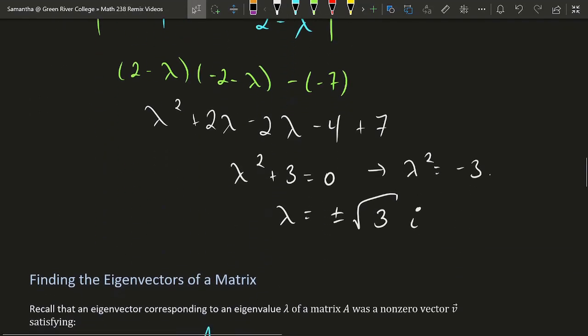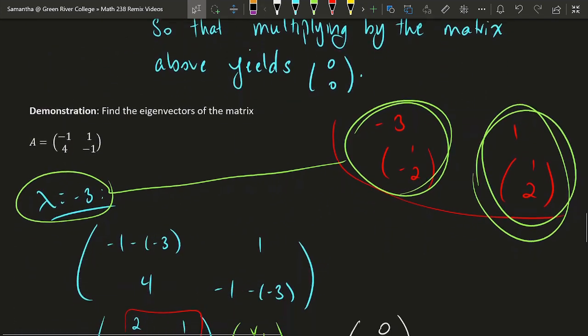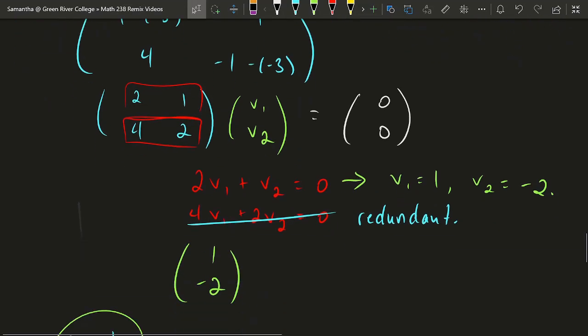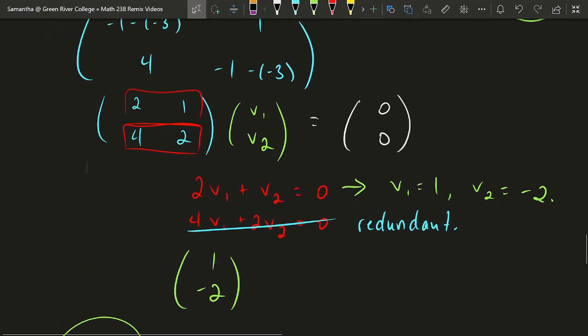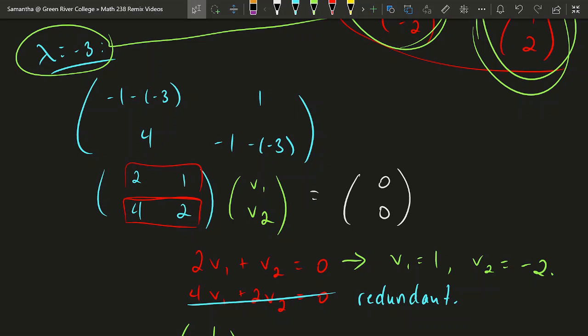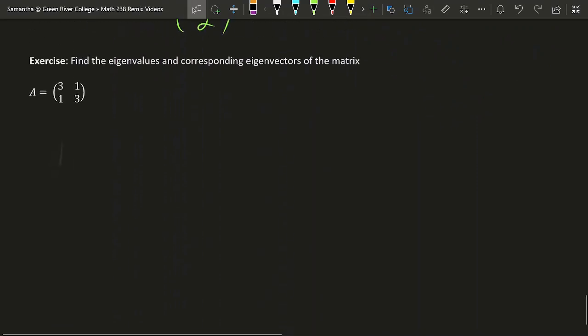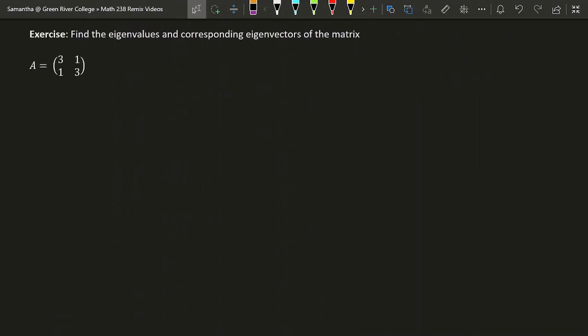Then for each of those eigenvalues, you subtract them from the diagonal, and then you go in search of a vector so that that vector multiplied by the modified matrix equals 0. Let's try it one more time all together on the matrix 3, 1, 1, 3. Let's find the eigenvalues first, and then let's find the eigenvectors that correspond to those eigenvalues.